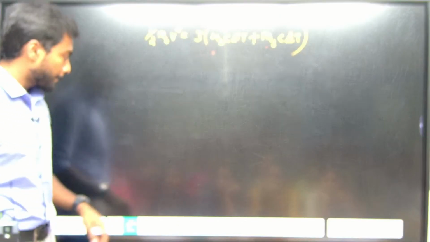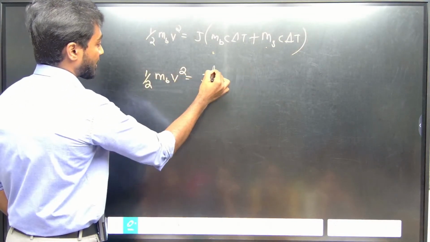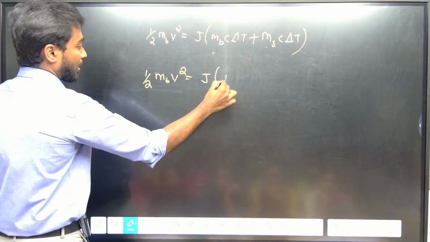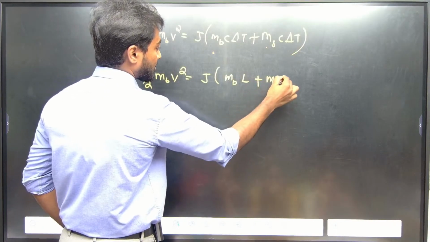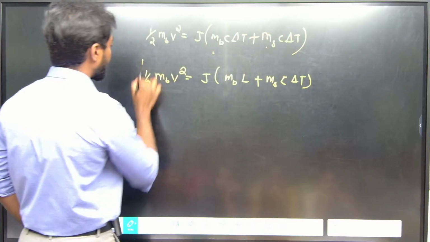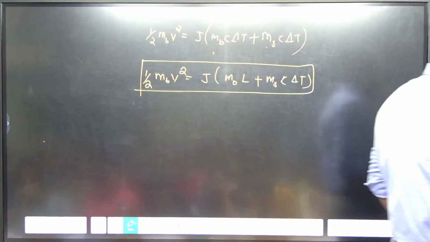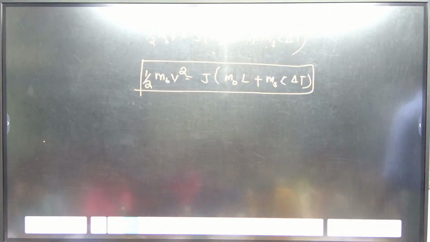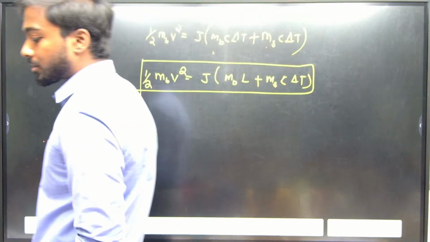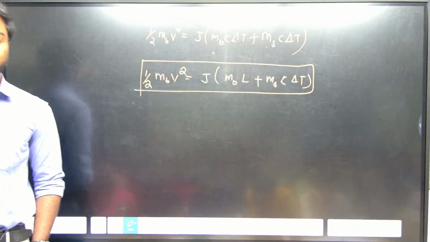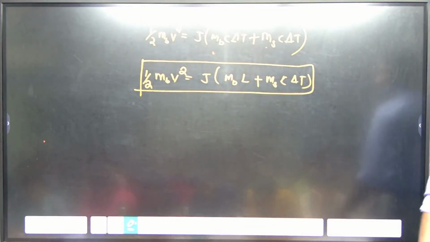Half of mb v square equals J times mb L plus ms c delta T. Any doubt in this point? Write the application now: the bullet is melting down and the slab temperature is increasing. Then write the formula.